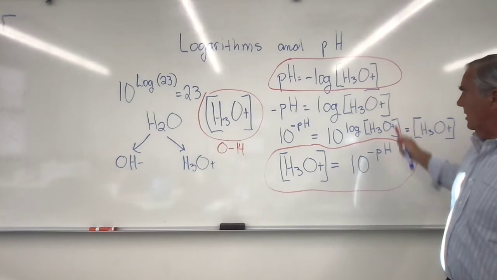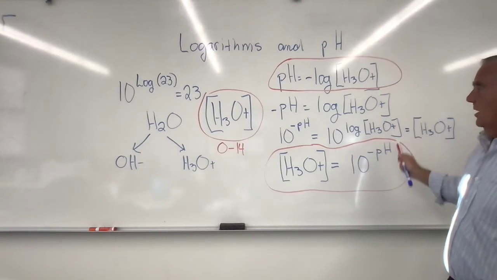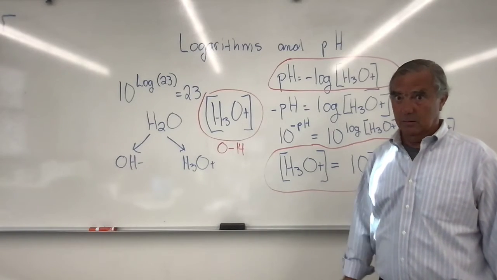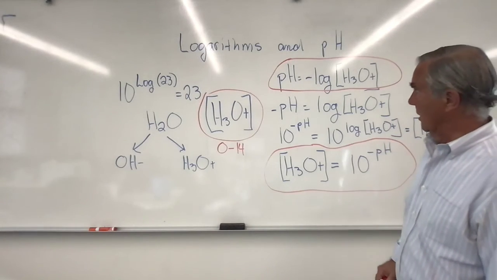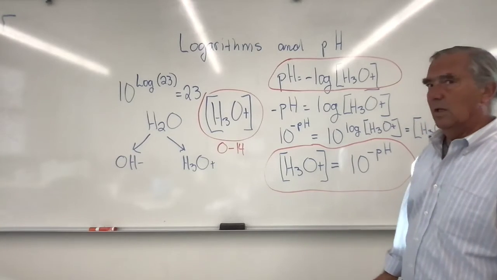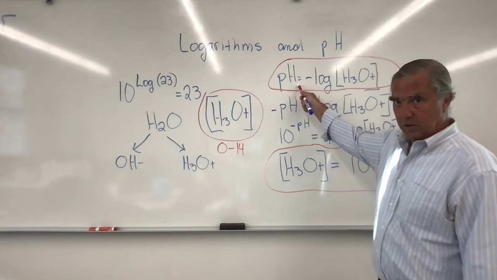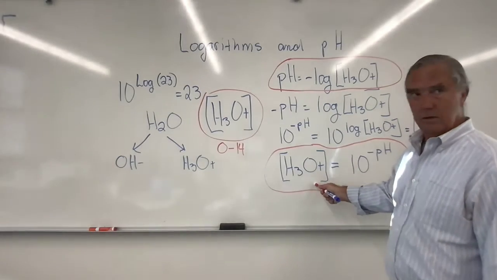So knowing how to convert between these two key equations is important in solving math problems involving logarithms and pH. So the question is, how does this expression get converted to this expression?